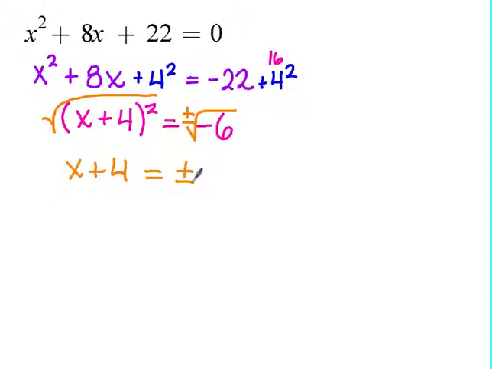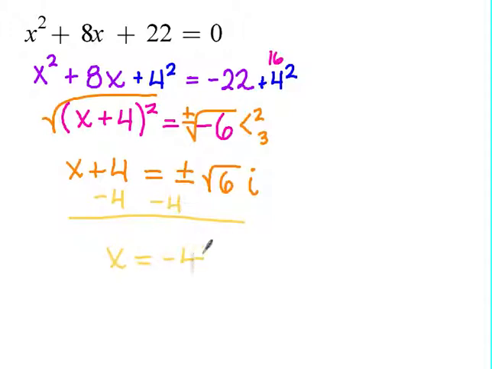Square root of negative 6, or square root of 6i. Remember, we just take that negative out. Now, if I broke 6 down, I just get 2 and 3. I have no pairs. So as a result, it stays root 6i. And then what's the last step going to be to do? Subtract 4. Okay? So I end up having x to equal negative 4 plus or minus root 6i.